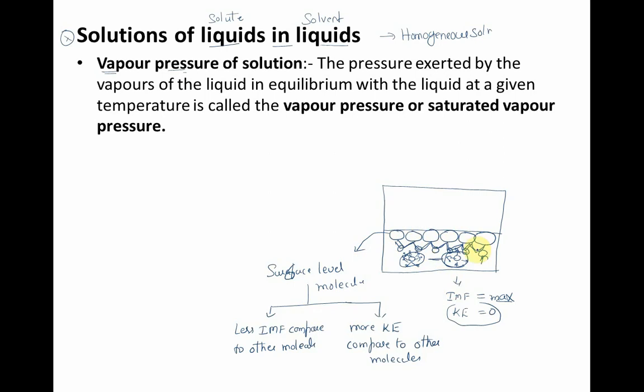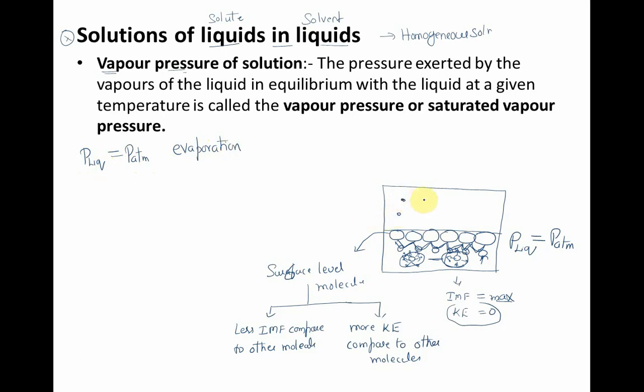And at this level, these molecules create certain pressure. That pressure is represented as liquid pressure. These surface molecules create some pressure. When the pressure of the molecules which are present on the surface of the liquid becomes exactly equal to atmospheric pressure, then evaporation takes place.